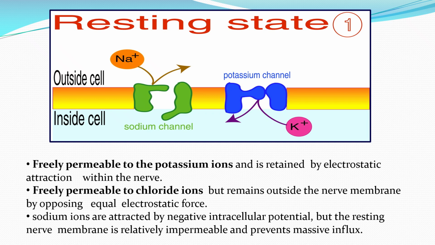It is also freely permeable to the chloride ion, but chloride always remains outside the nerve membrane. Since sodium ions are positively charged electrolytes, they are attracted to the negative intracellular protein. But during the resting potential, they do not easily go inside because of the gates present along the pores, which don't allow the sodium ions to gain entry.